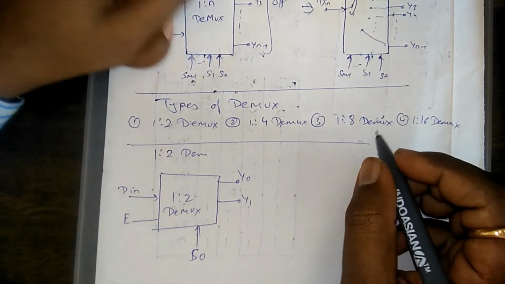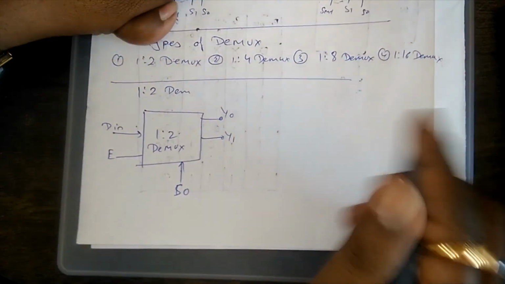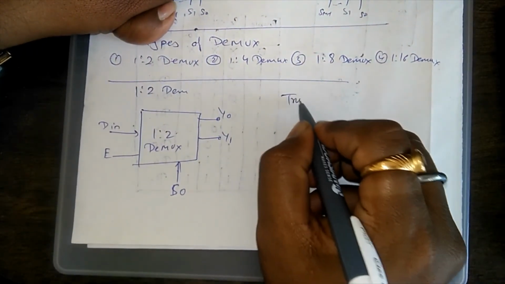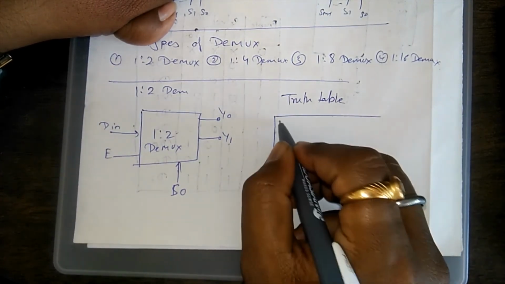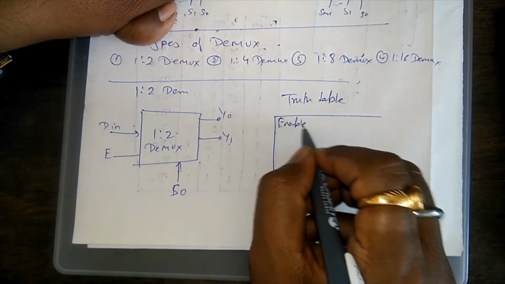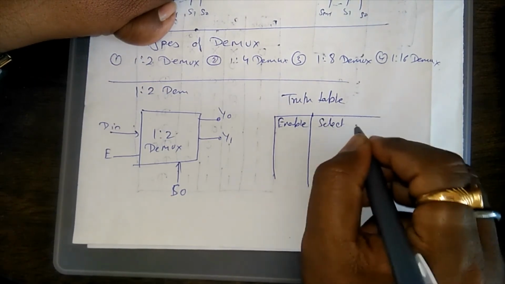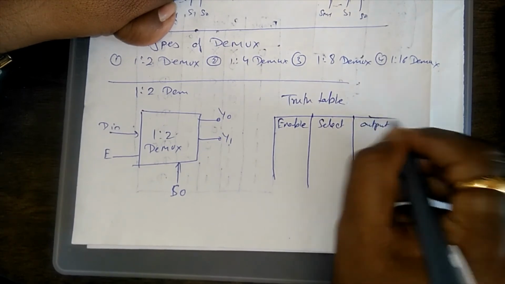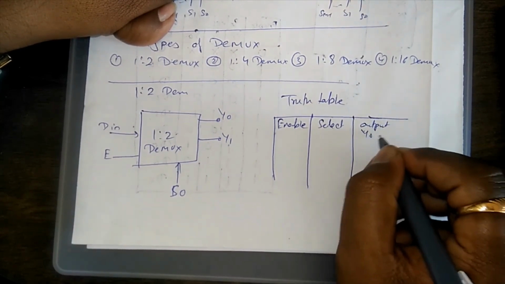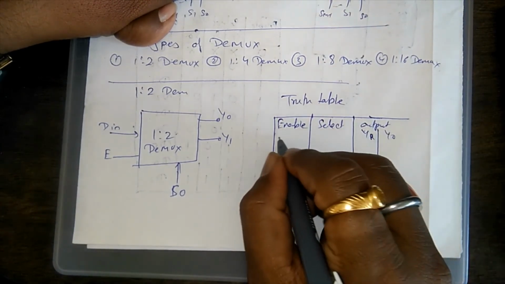Truth table. Enable, select lines and outputs. Two outputs, Y1 and Y0. Okay.